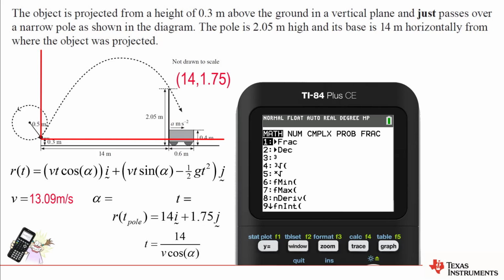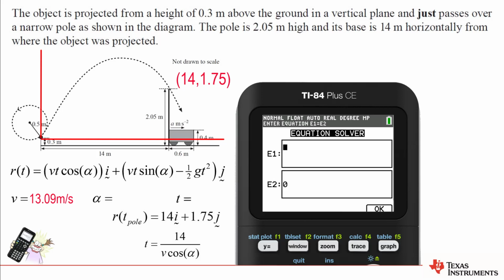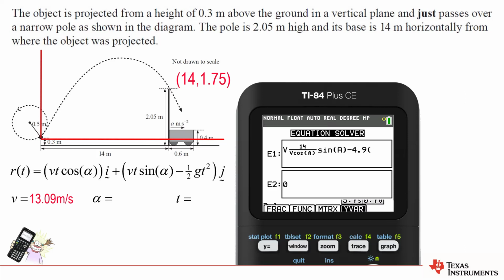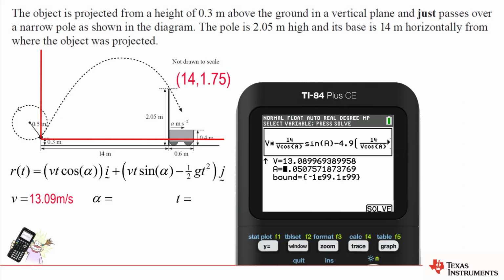Now, if I go to the numerical solver, I can work with the j component, V times t, which we stored in y1, times sine alpha minus 4.9, and again recall the equation that I stored for t, squared, and we see that the equation passes through 1.75. So solving for A or alpha, I get 36.92 degrees. Notice my calculator is in degree mode.